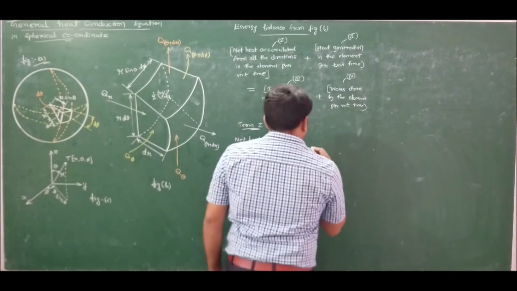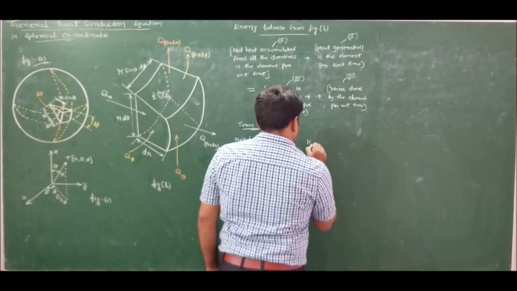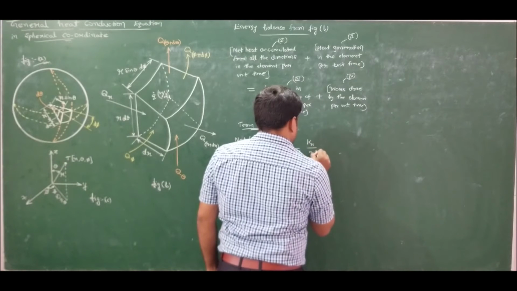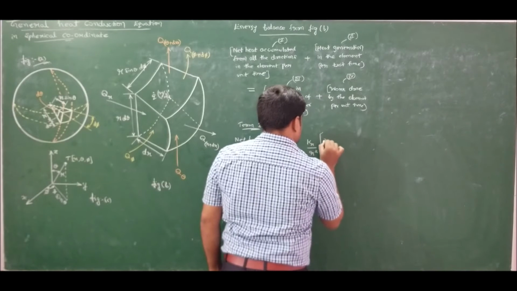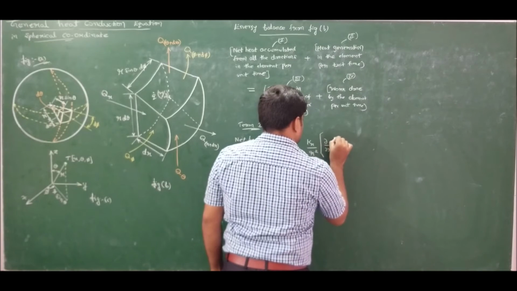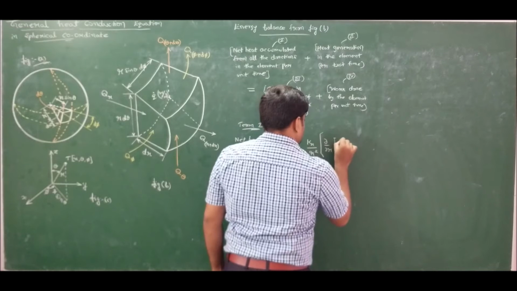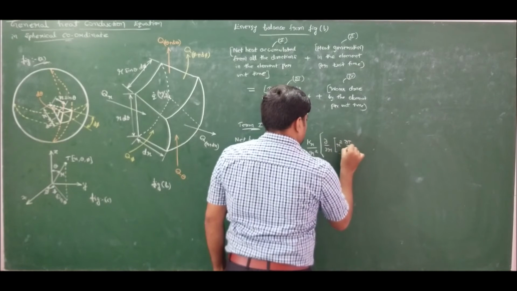From the r direction we have k r by r square times dou by dou r of r square dou T by dou r.